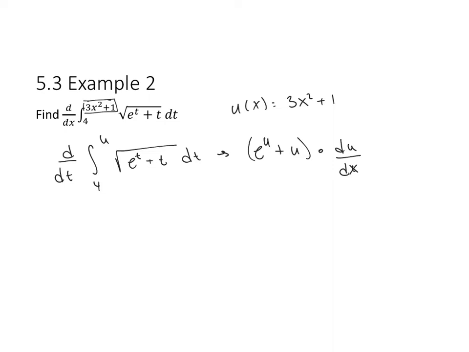So let's find du dx. So du dx is 6x. So now this is going to become e to the 3x squared plus 1 plus 3x squared plus 1 times 6x. This is just like doing the chain rule for something a little bit more complicated. So it's kind of the chain rule for the integral.